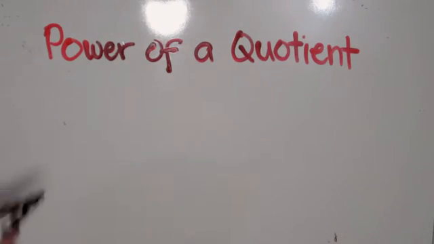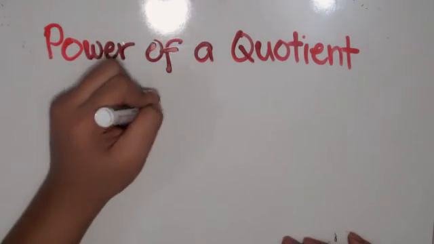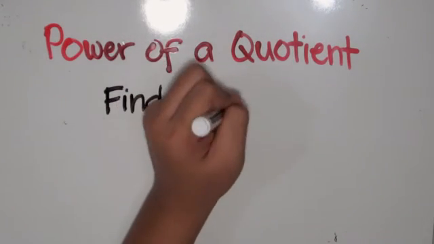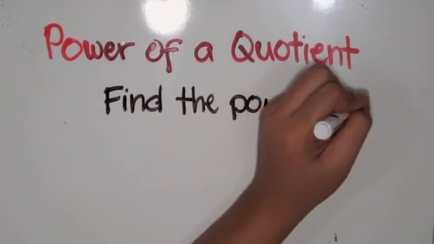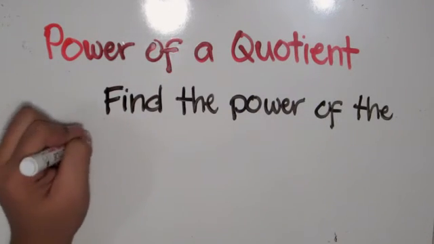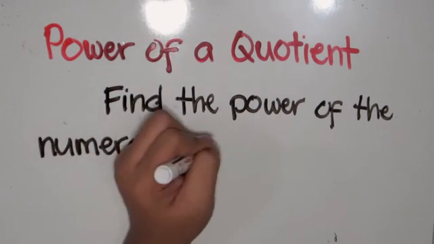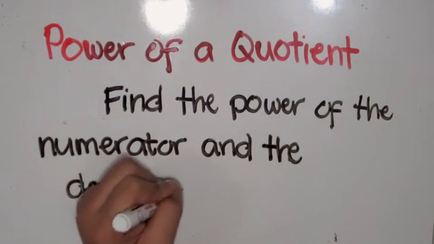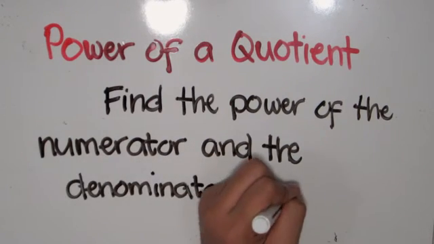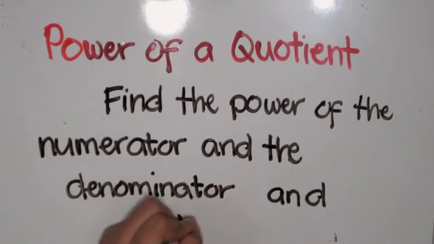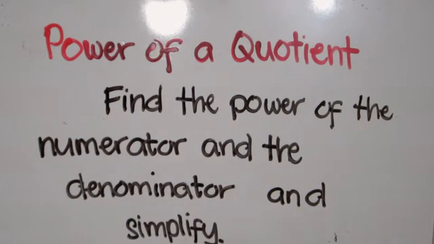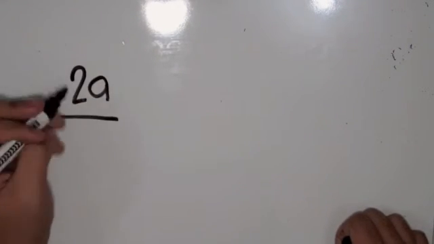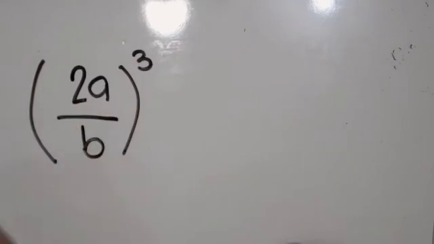Now let's move on to the power of a quotient. Now we must find the power of the numerator and the denominator, and we must always remember to simplify. (a over b) cubed.